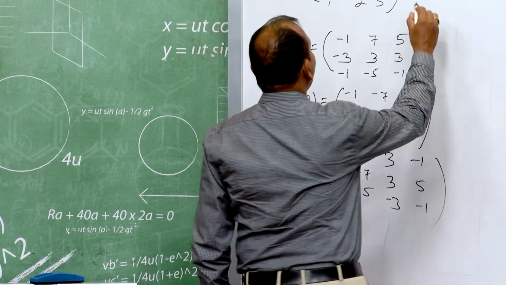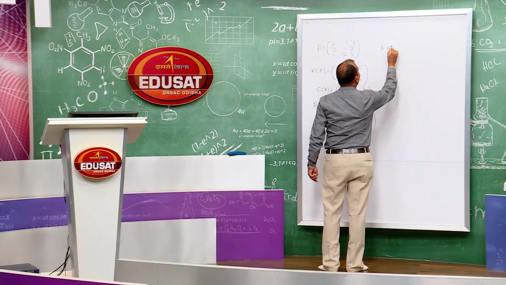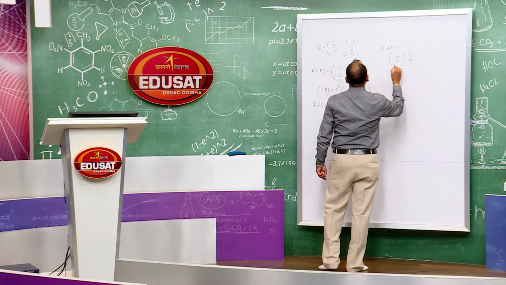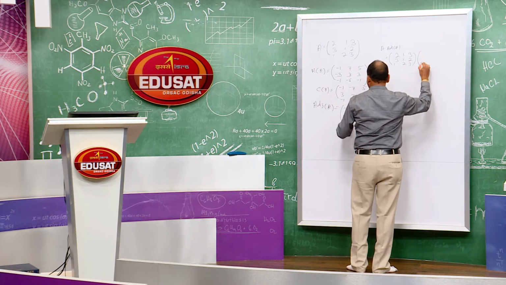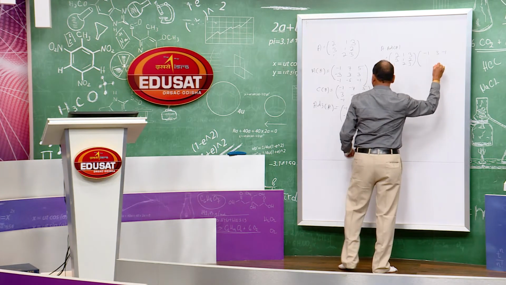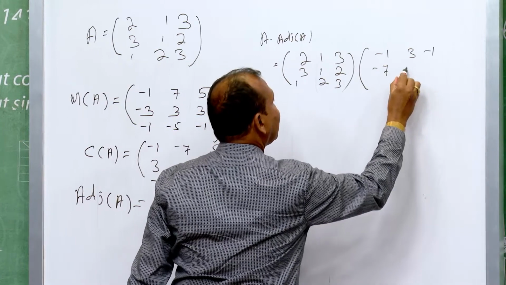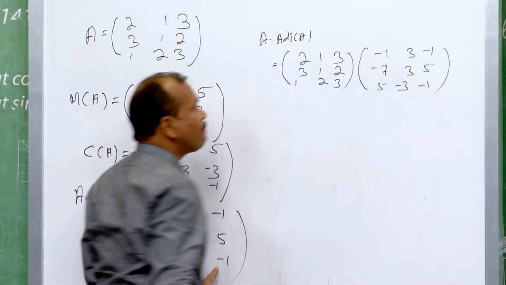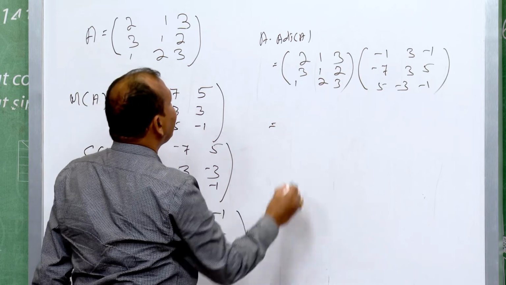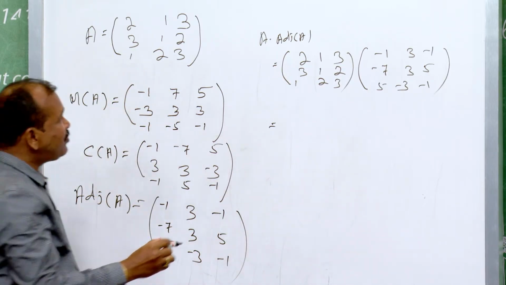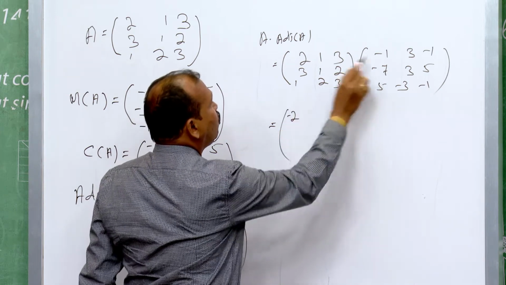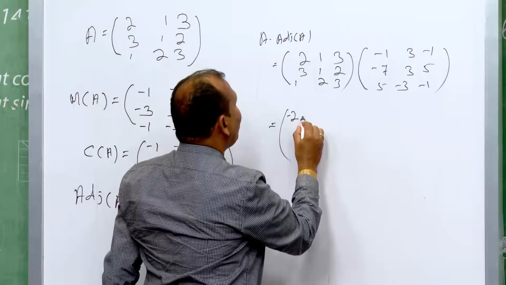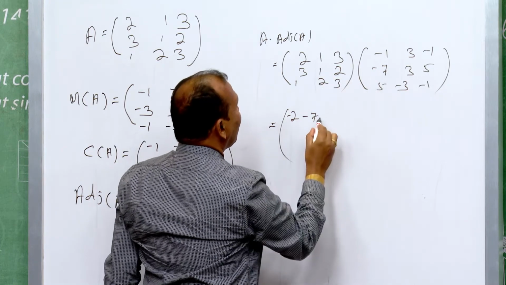So, now A into adjoint A becomes 2, 1, 3, 3, 1, 2, 1, 2, 3, multiplied by minus 1, 3, minus 1, minus 7, 3, 5, 5, minus 3, minus 1. That becomes minus 2, minus 7, plus 15.